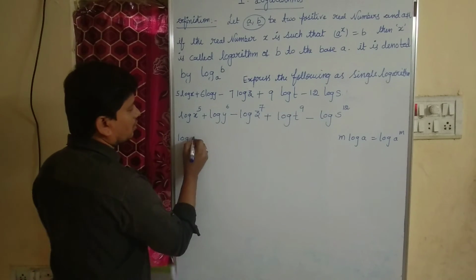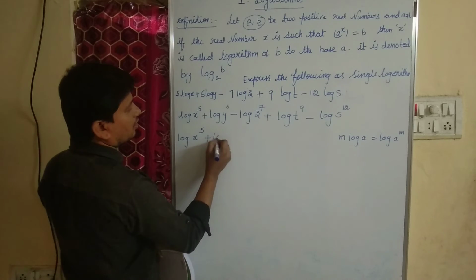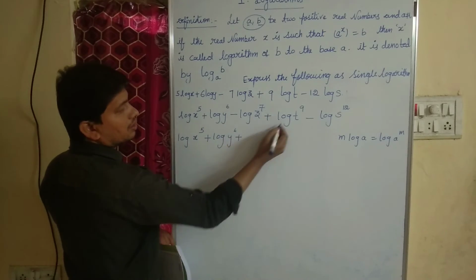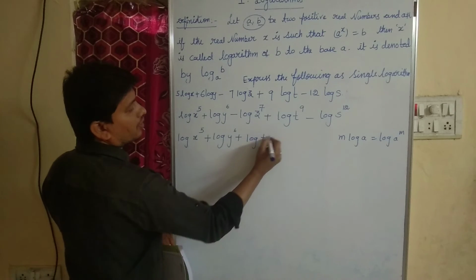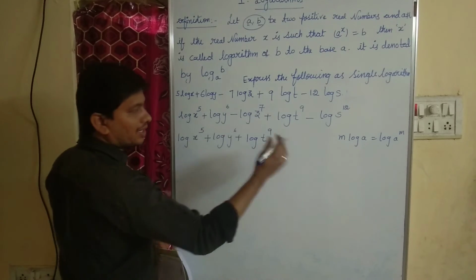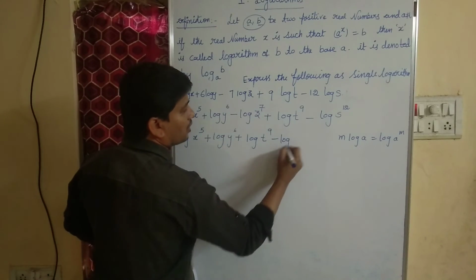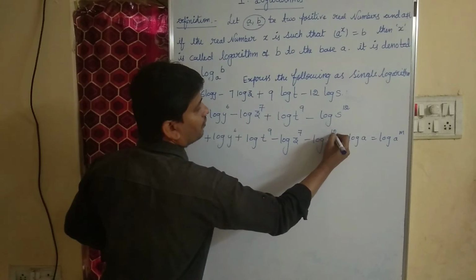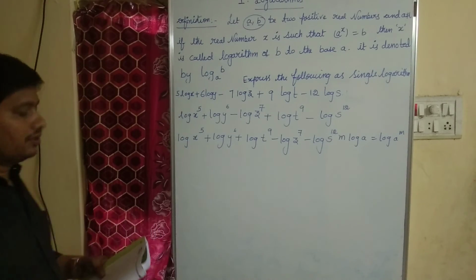So log x to the power of 5 plus log y to the power of 6 plus log t to the power of 9. Then let us write negative terms, minus log z to the power of 7 plus log s to the power of 12. Right?